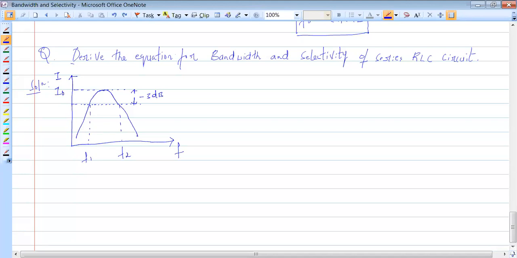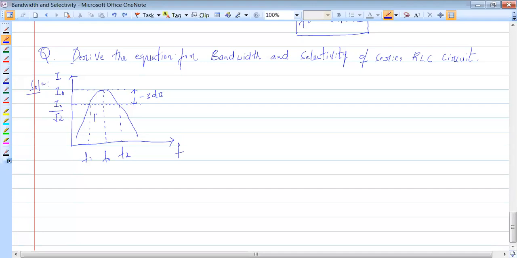Now, when do you think this I would become I naught? This I would become I naught when F is F naught. At F1 and F2, that means at half power frequencies, our I is I naught by root 2. So this is the graph we had seen in the last class.